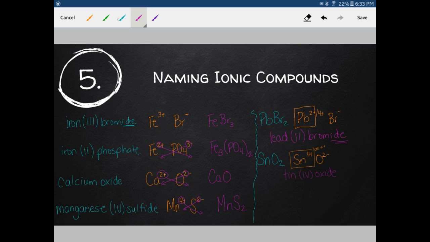Let's take a look at one more example. If I take a look at this example, I know that these numbers here telling me how many ions I have to deal with came from my charge on my ion.